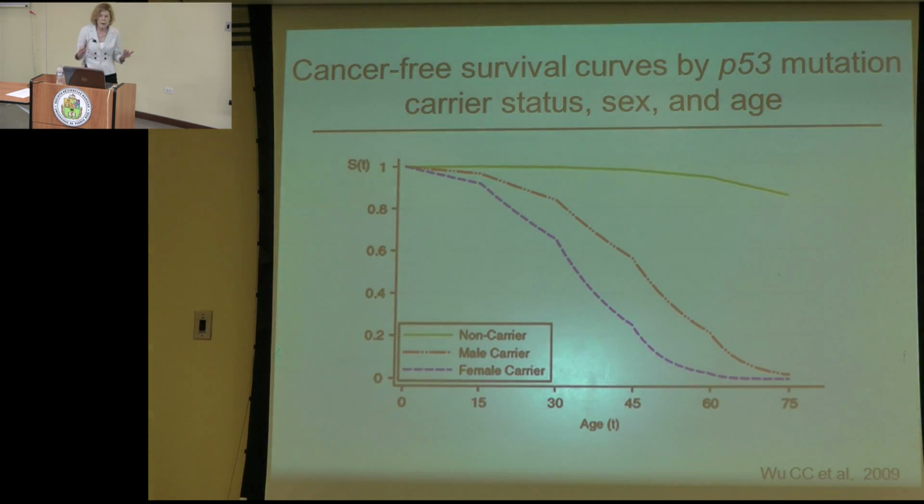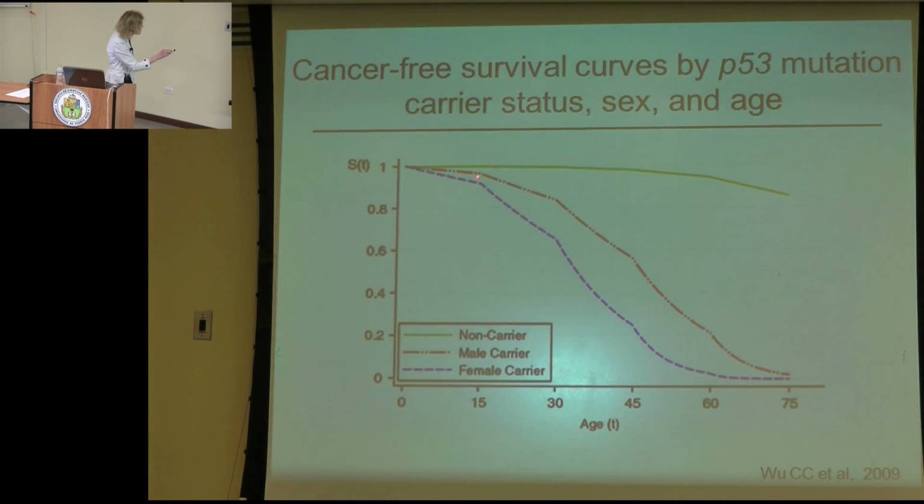Now I think when you realize that all the early studies were focused so much on childhood cancers and young onset cancers, a lot of these cancers may have been missed if you weren't continuing to follow a family, because they're sort of getting out of the range that was considered essential to be in Li-Fraumeni syndrome.